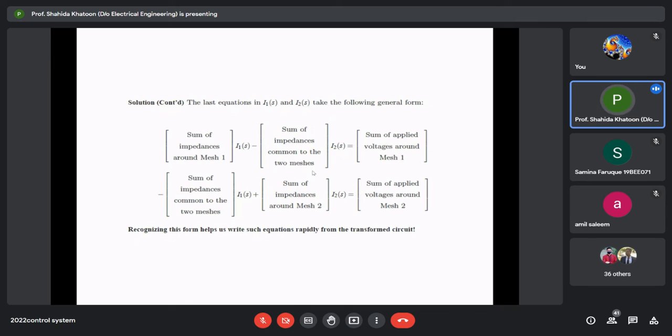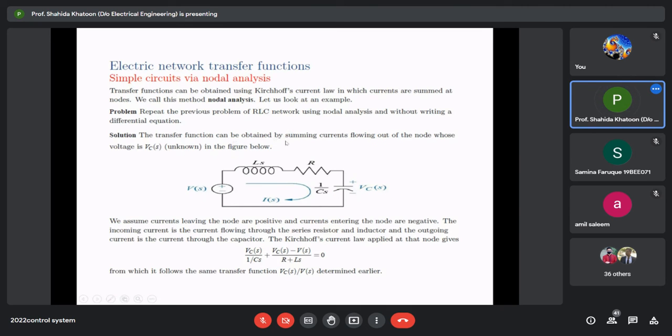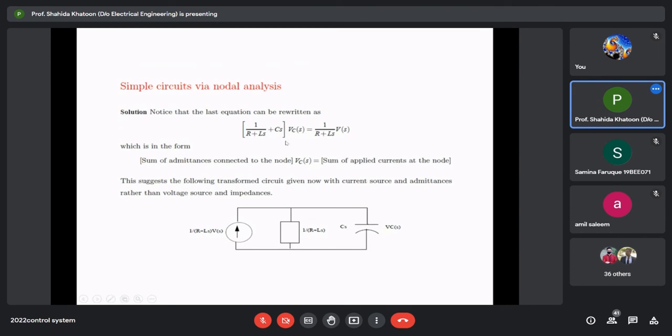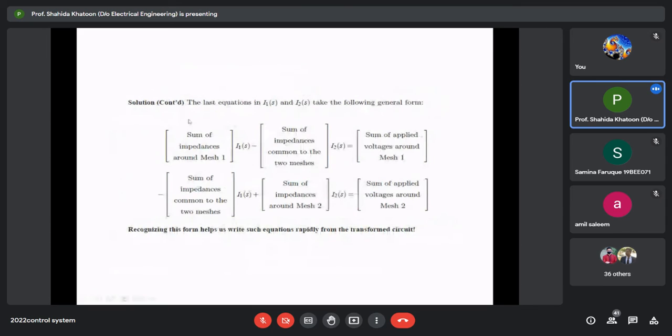So this actually, you can write the last equation in I1 and I2 in the following general form. Sum of impedances around mesh 1 into I1 minus sum of impedances common to the two meshes into I2 equal to sum of applied voltages around mesh 1.